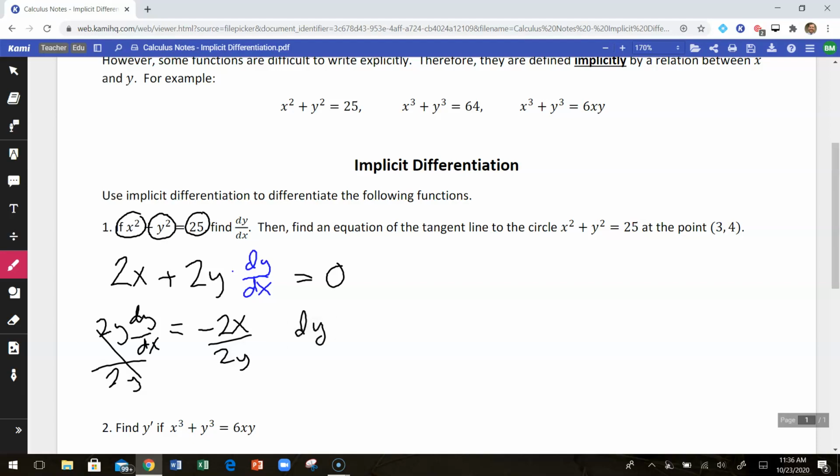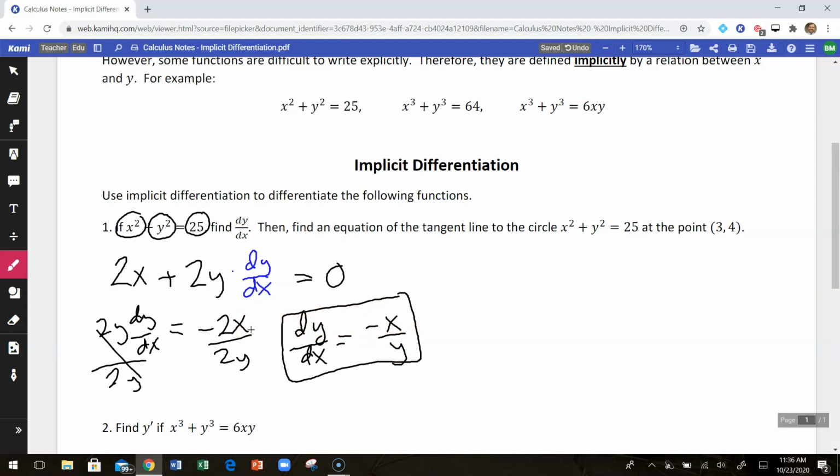That gives dy over dx equal to negative x over y. So for this circle, x squared plus y squared equals 25, the slope of the tangent line at any point on the circle is given by negative x divided by y.